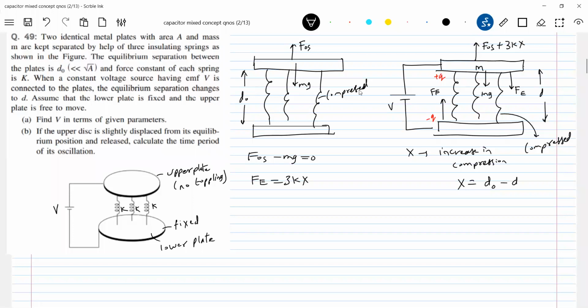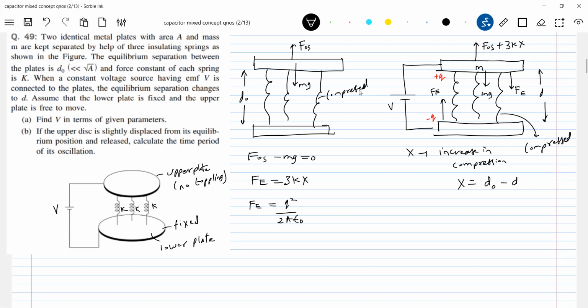We can manage. What is Fe? Fe equal to Q square by 2A epsilon naught, or not? We know so much information. So I'll write it here now. What should Fe be equal to? It will be d minus d naught. D will be greater than d naught. So think on it. This will be Q square by 2A epsilon naught.